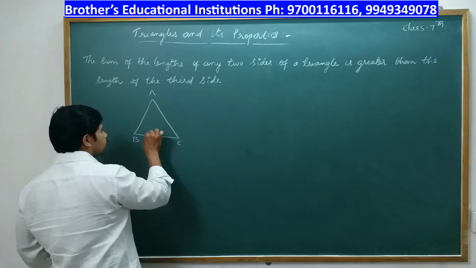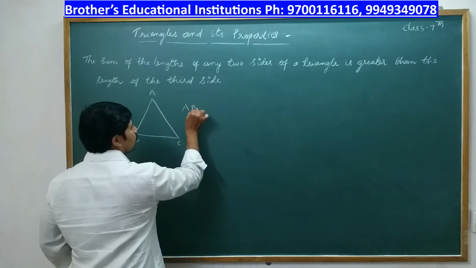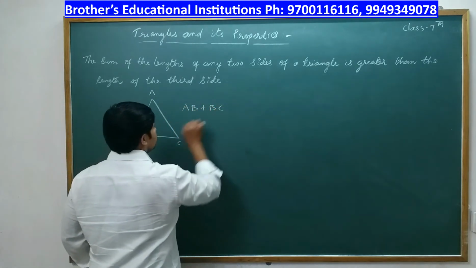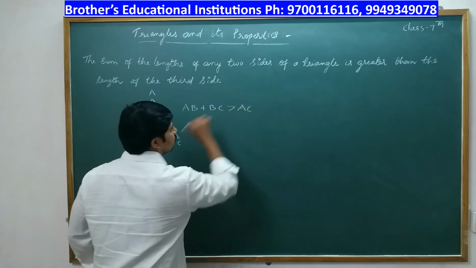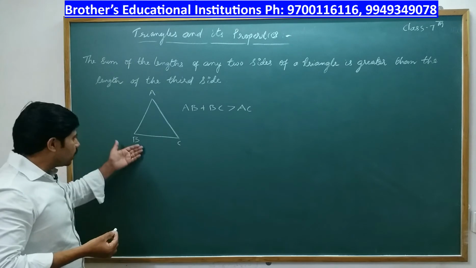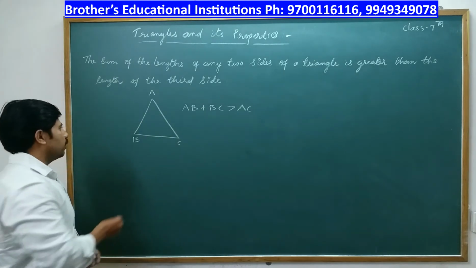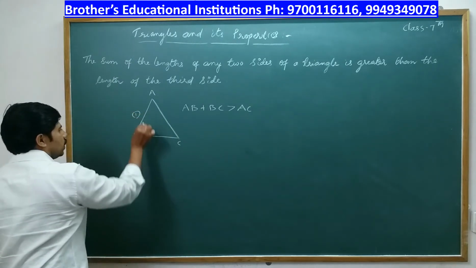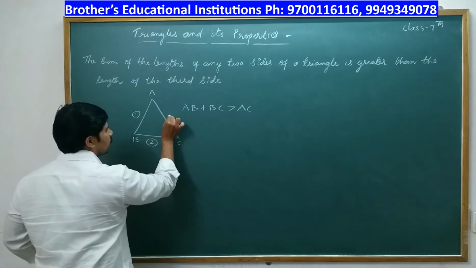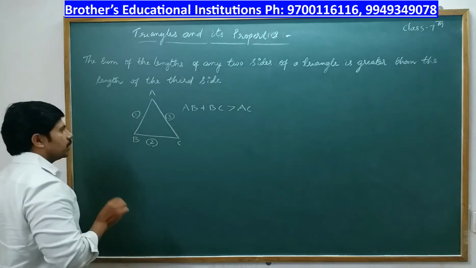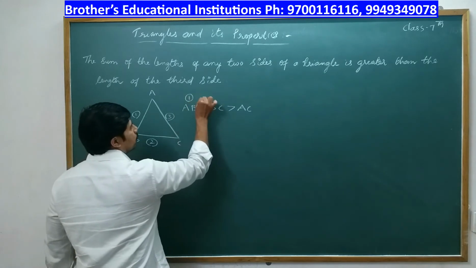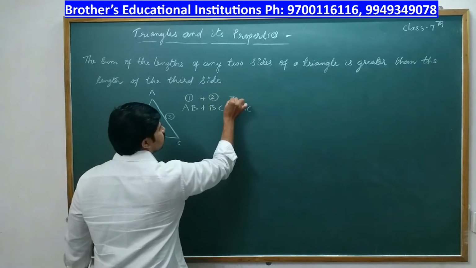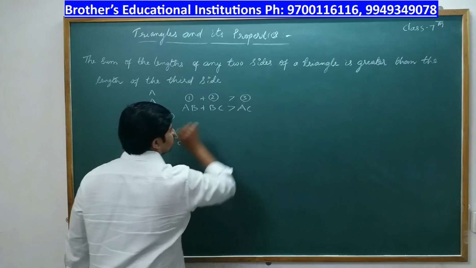I add two sides, AB plus BC, and the sum should be greater than the third side AC. AB plus BC is greater than AC. Here we added side 1 plus side 2, which is greater than the third side.